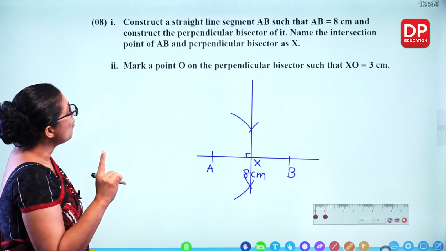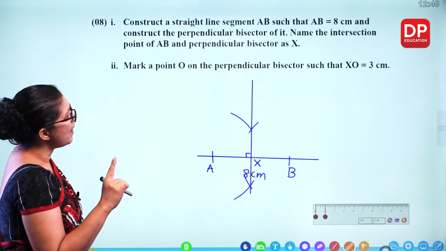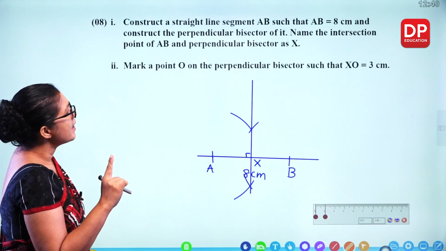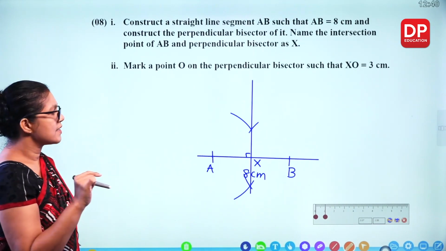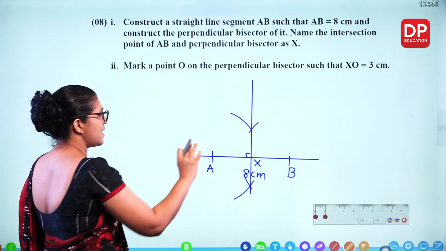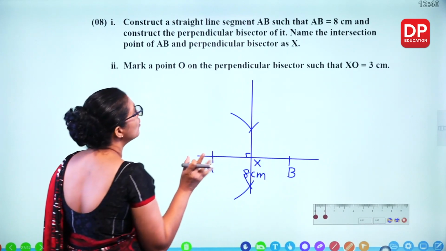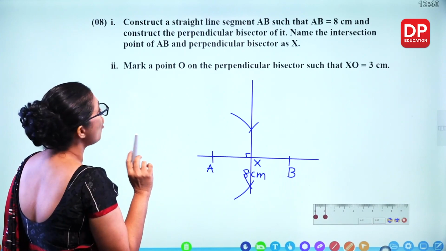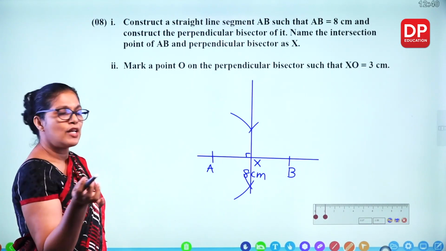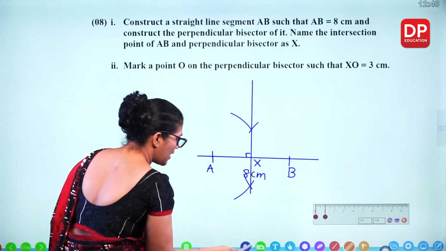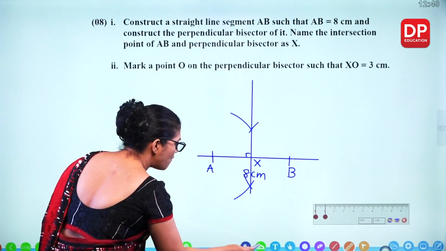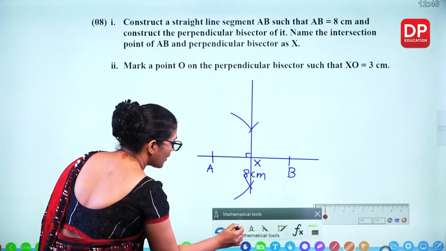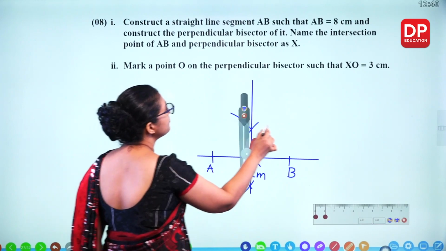Mark a point O on the perpendicular bisector such that XO is 3 centimeters. So we can either take above or below. It's not mentioned above or below. You can take any side. So I'll take above 3 centimeters.